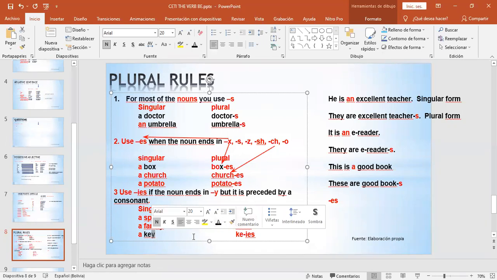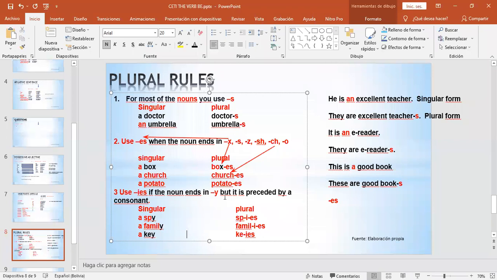But it must be preceded by a consonant. What does preceded mean? Precedido, antecedido.